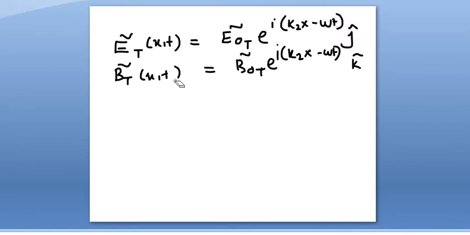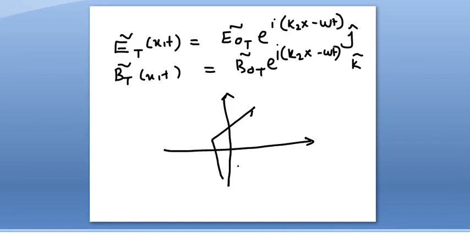Let us once again draw. Let us try to draw a medium, and take a plane. The wave is traveling through this plane.